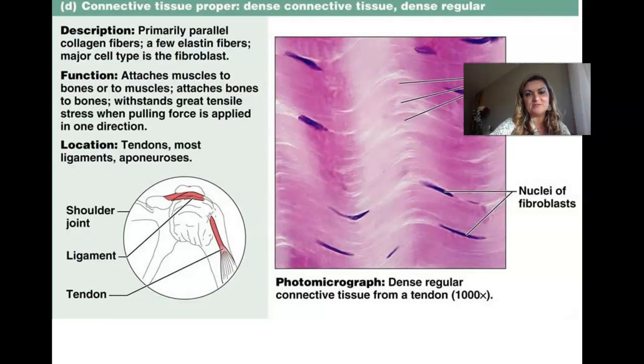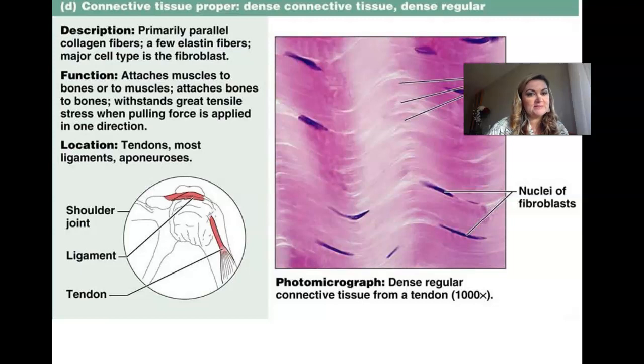Looking at this here, you see the description: primarily parallel collagen fibers. You're going to have a few elastin fibers. Major cell type is going to be the fibroblast that you're going to find here, and those are the ones where you see the main nuclei in them. Their function, like we said, is to attach muscle to bone or to other muscles, and those are going to be your tendons. It attaches bone to bone.